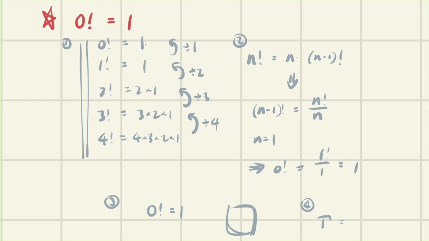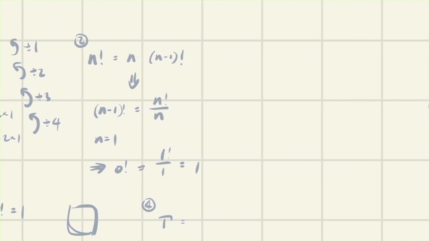Let's say you have permutation. Let's say you have 3 objects, and from 3, you choose 3. Then from the formula, it's 3 factorial over 3 minus 3 factorial, which is 3 factorial over 0 factorial, which is 6, because it's 6 over 1, right?